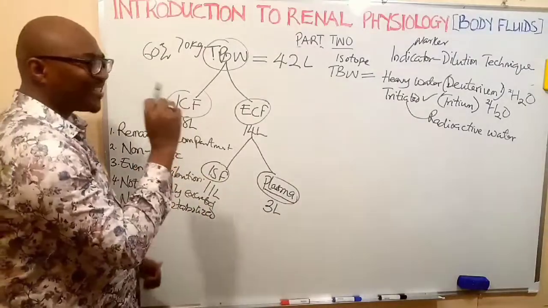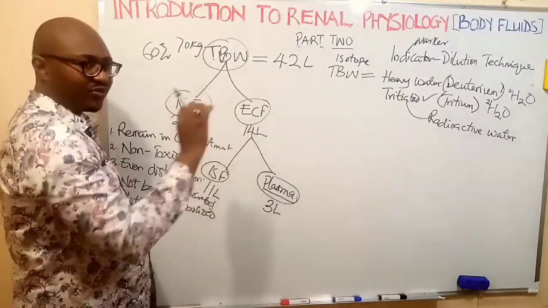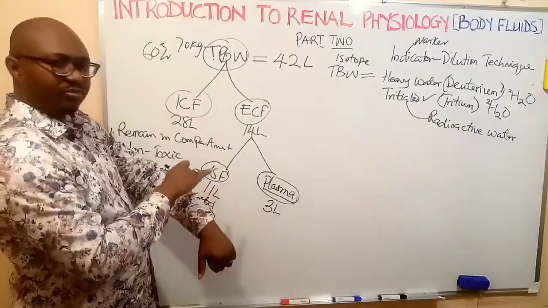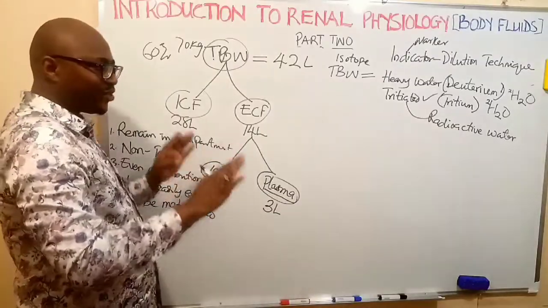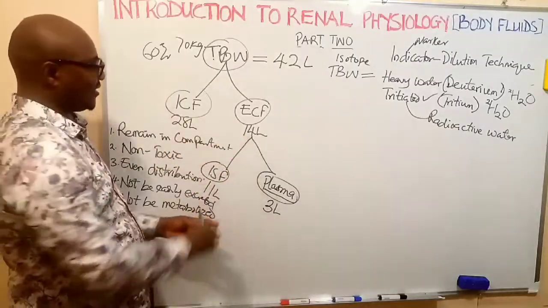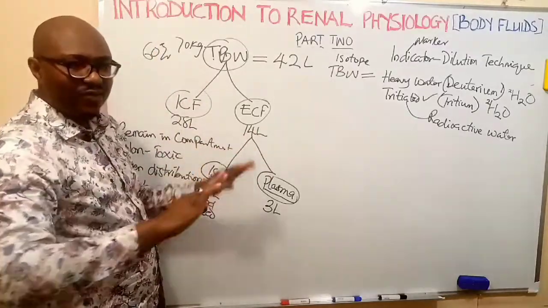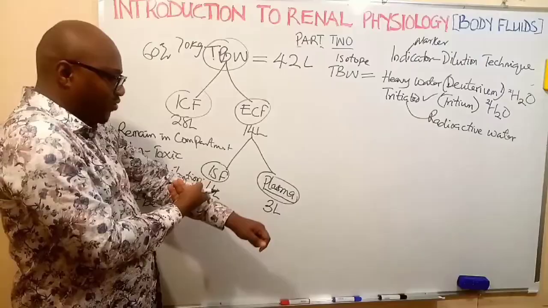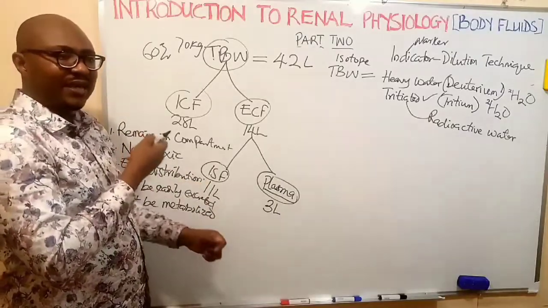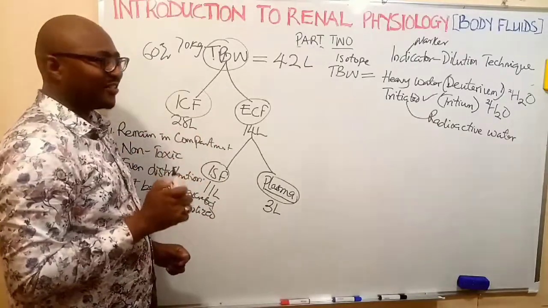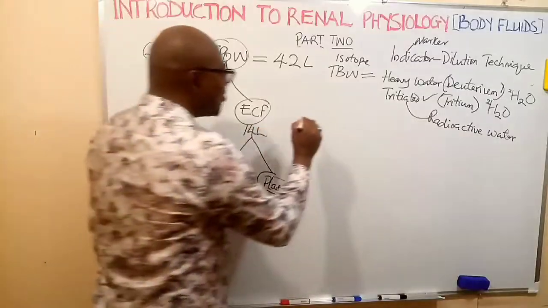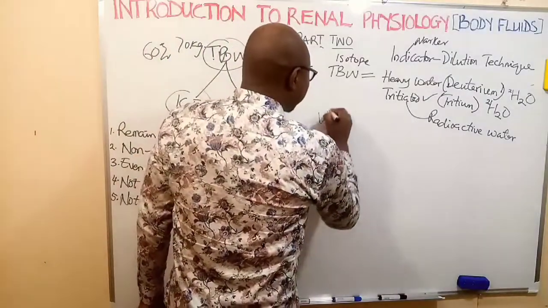So we introduce a known amount into the veins and we give it some time so that it will go everywhere and mix evenly. And after some time, we withdraw a certain amount and measure the concentration. Okay, so we now do this.